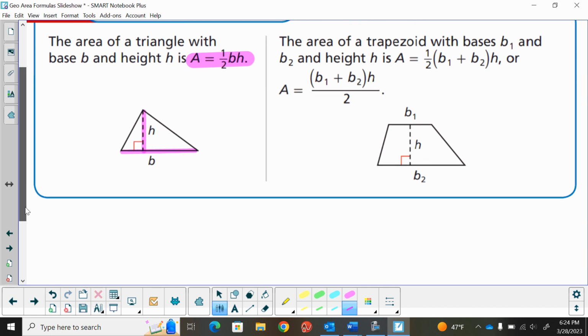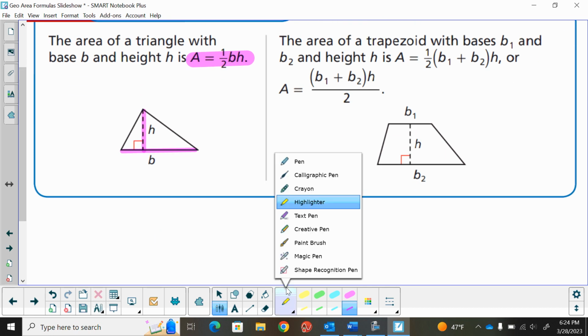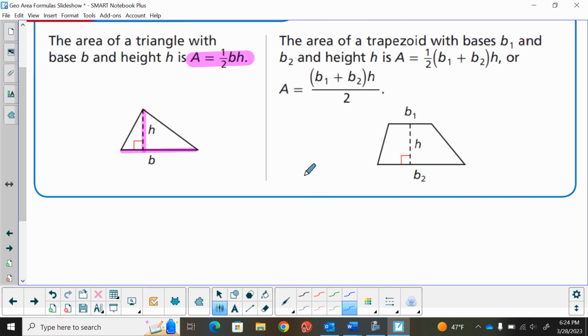And just to give you an idea, I'm going to sketch a few other triangles. So just some other scenarios, you could have a right triangle, in which case the height is one of the legs of the triangle, and the base is the other leg.